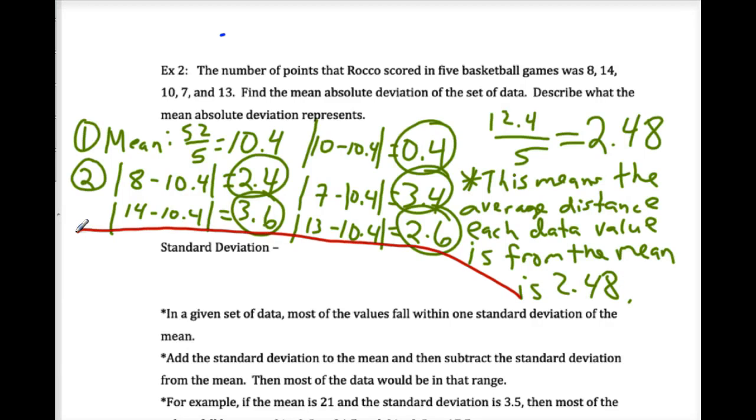All right. Next, we're going to talk about standard deviation. Have you guys heard of standard deviation before? You know when you get your math scores back? There's a standard deviation around your score.